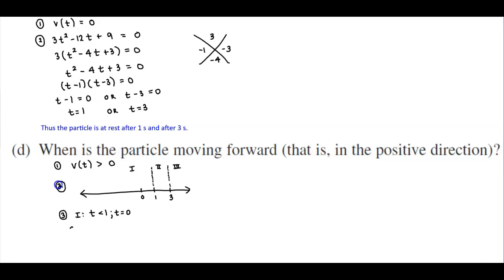We have 3 times t minus 1 times t minus 3, and we want to see if it's greater than 0. So this is 3 times 0 minus 1, 0 minus 3. That's 3 times 3, which is 9, which is greater than 0. So we know it's true here.